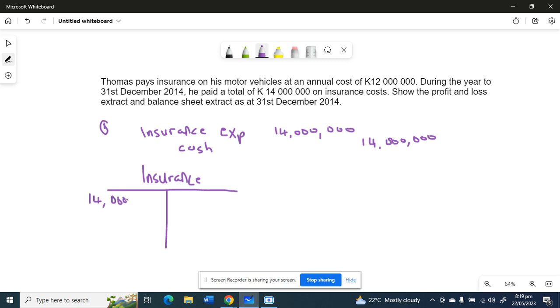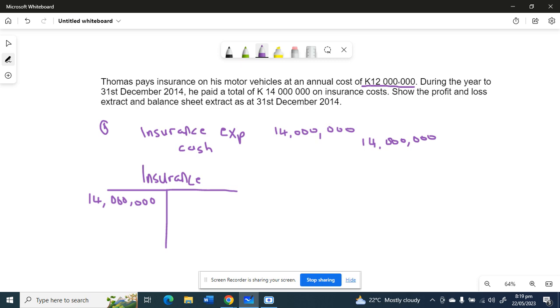Now here we must figure out how much is the prepayment. The annual cost of insurance is 12 million. This covers 12 months. But he paid 14 million.